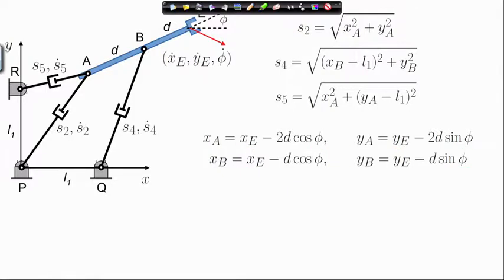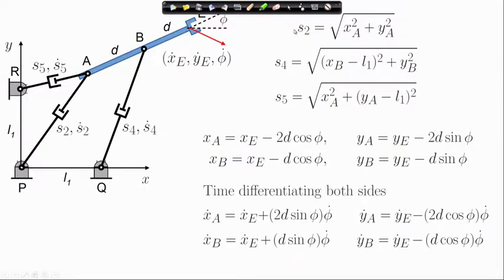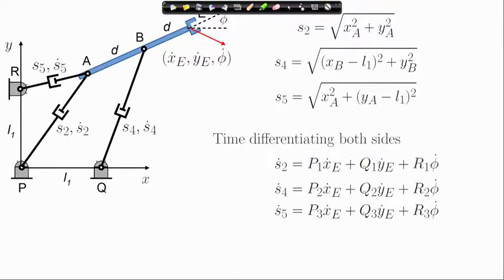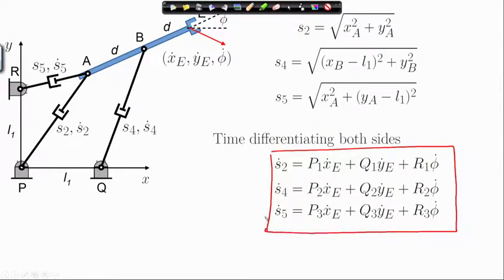Now, if you continue, so this is the time derivative. So, if you substitute all these expressions, then finally you obtain these relations between S 2 dot, S 4 dot, S 5 dot and x e dot, y e dot and phi dot.